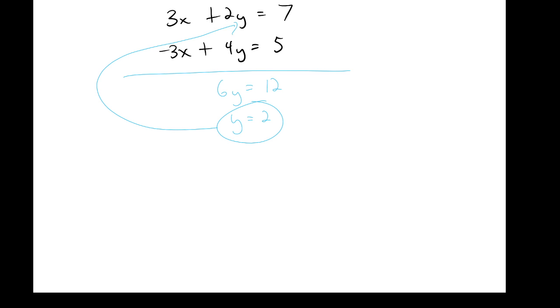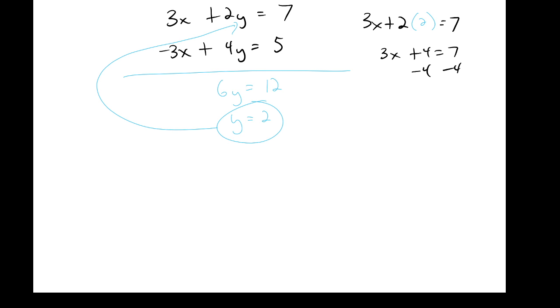I'm going to put it into the top equation, because that's going to be quicker for me. 3x plus 2, and of course our y is 2 when we substitute. We're not substituting anything with a variable, it's just an integer value, which is going to be much faster for us to calculate. 3x plus 2 times 2, which is 4, is equal to 7.